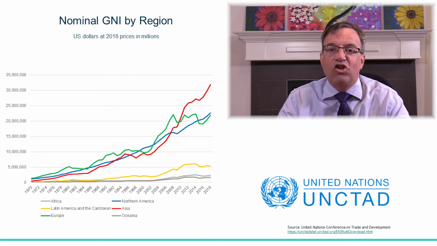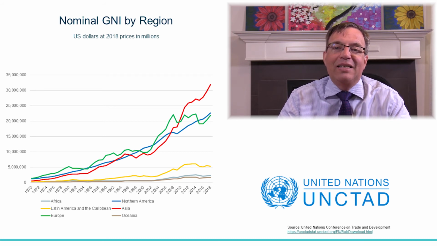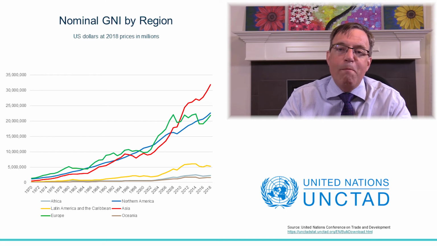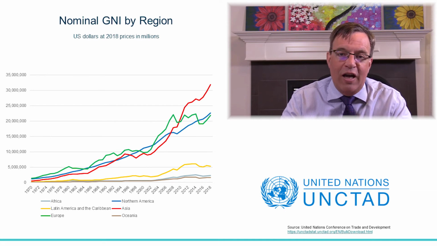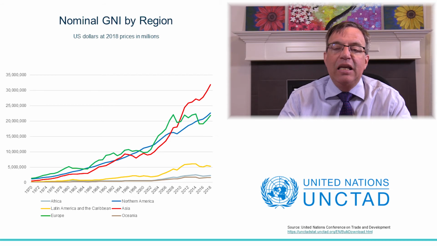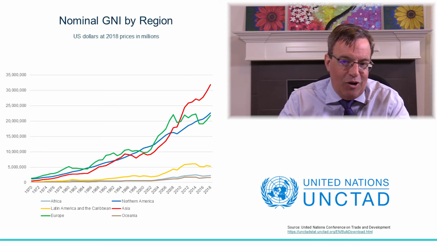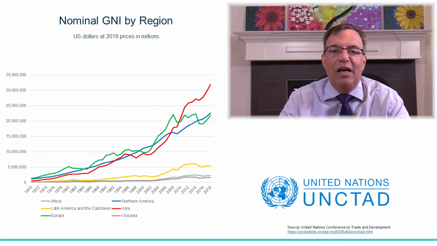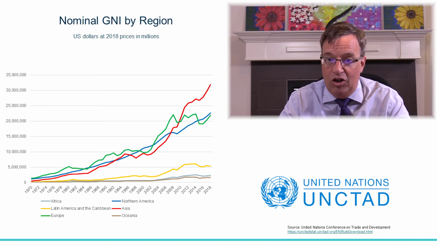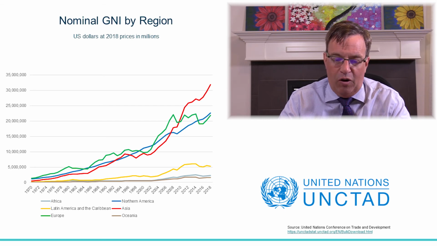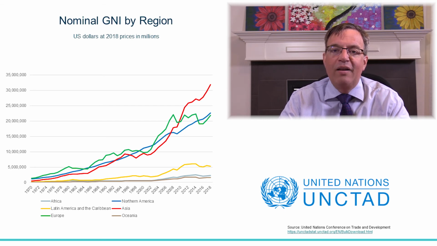That when Asia is all taken together, it actually represents more of world gross national income than any other region, right? So not all of the developed economies put together, but certainly more than the North American region or Europe, right? Asia represents more than those regions.